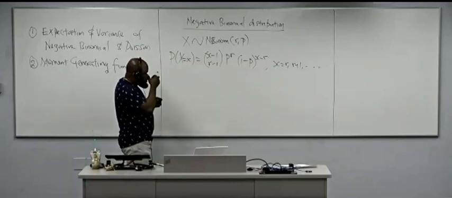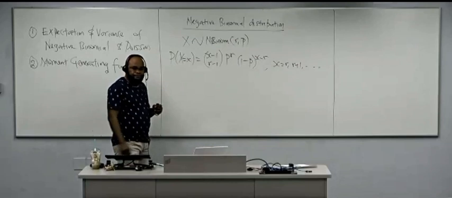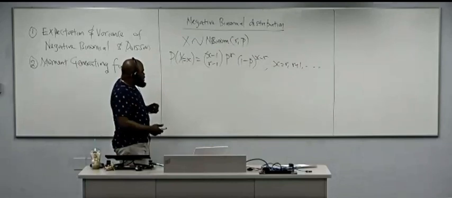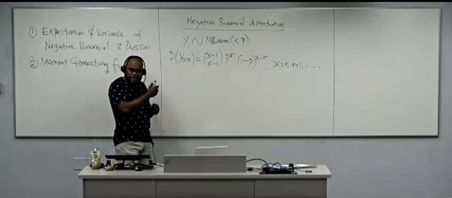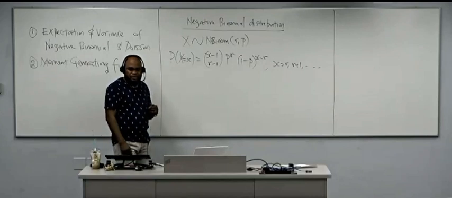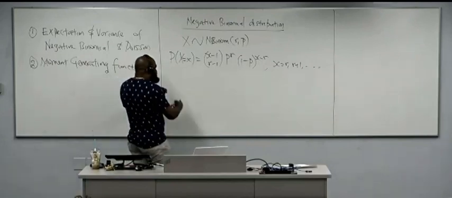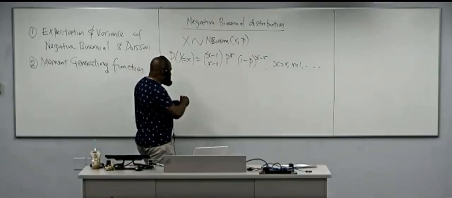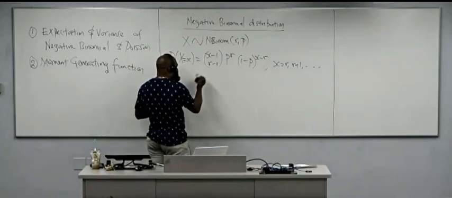Now, when you take a look at this distribution, I can ask you to show that this is a valid PMF. Let me first start with that, showing that it's a valid PMF.